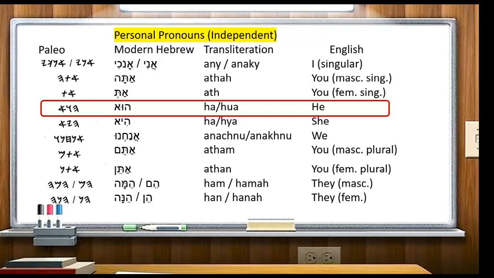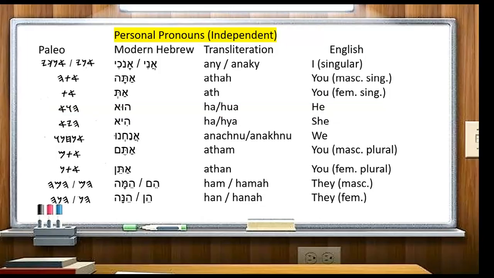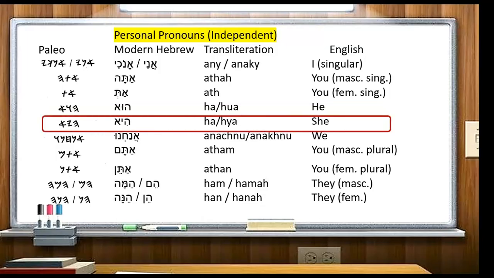Ha in the context of the word thee is only the single letter H or hai. Then as the variations came along, you had hua or hawa for he, and hiya or haya for she.